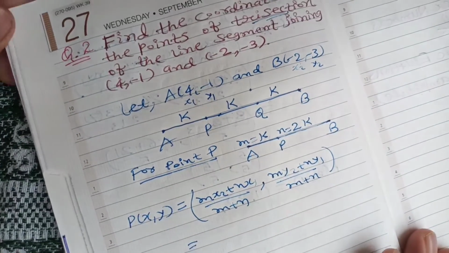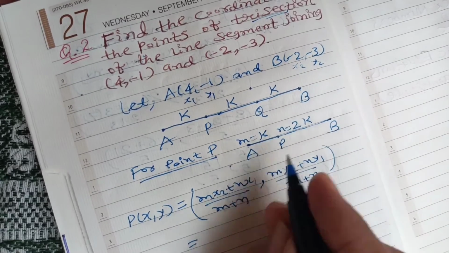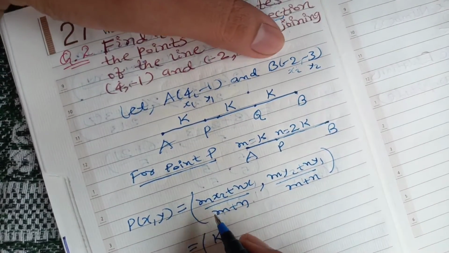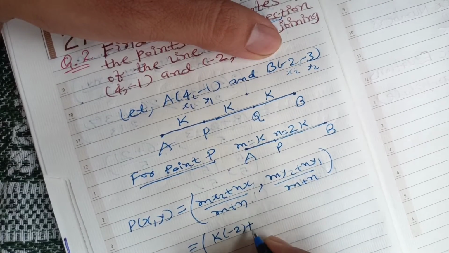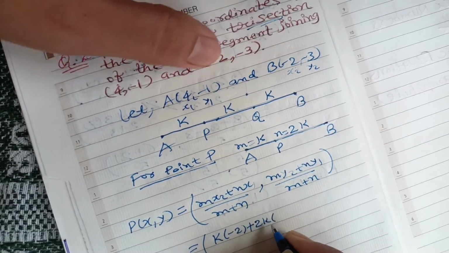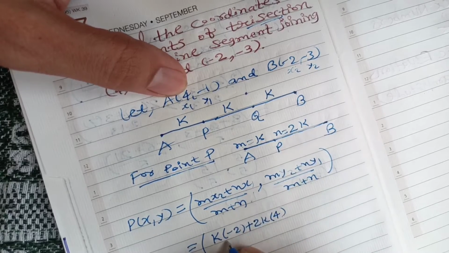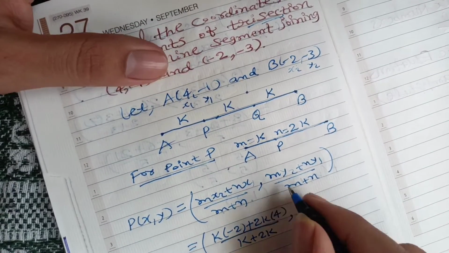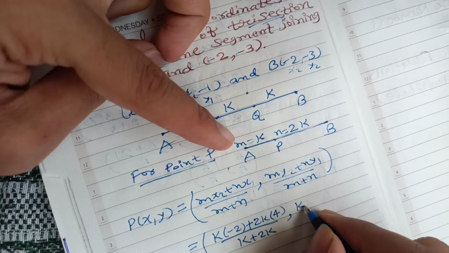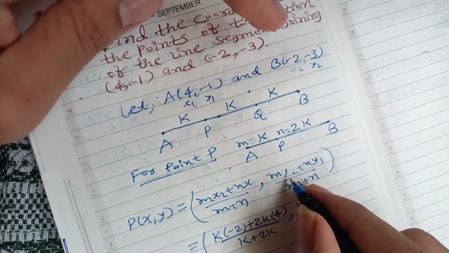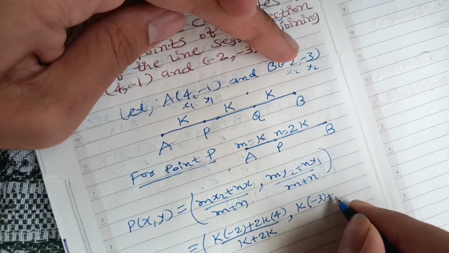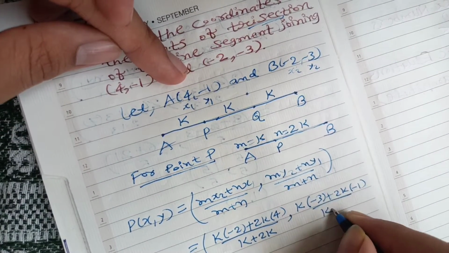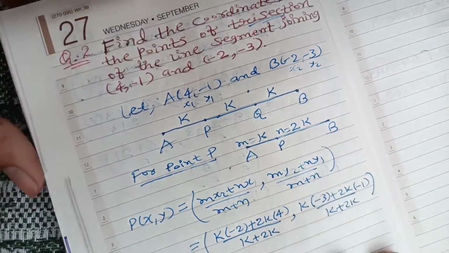Now put the value of m as K: K times x2, which is -2, plus n is 2K, x1 is 4, divided by K plus 2K, comma, K times y2, which is -3, plus 2K times y1, which is -1, divided by K plus 2K.